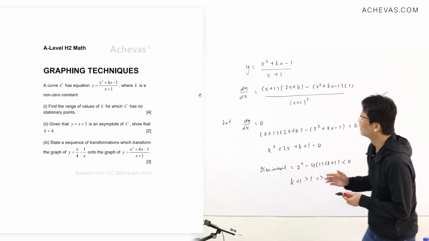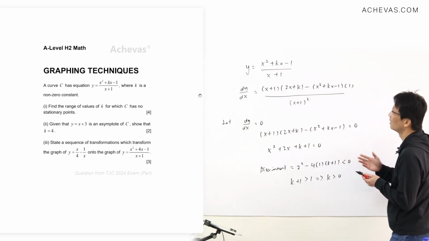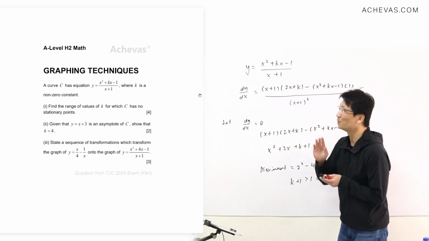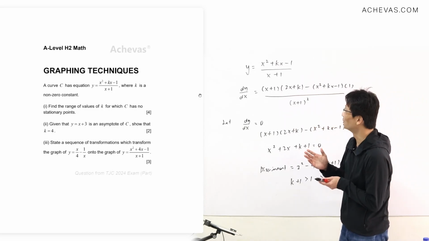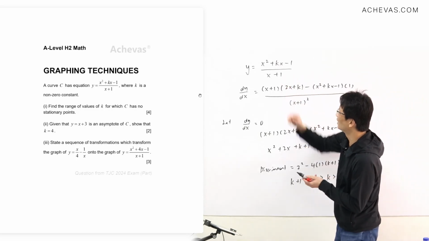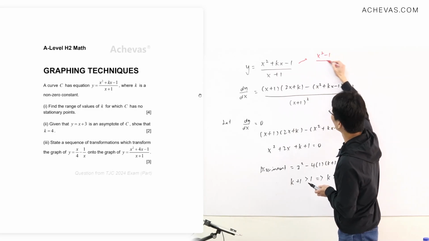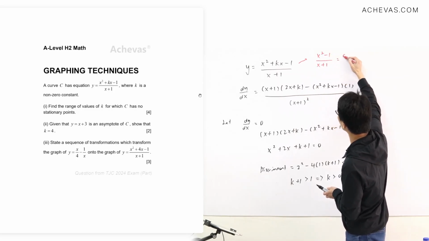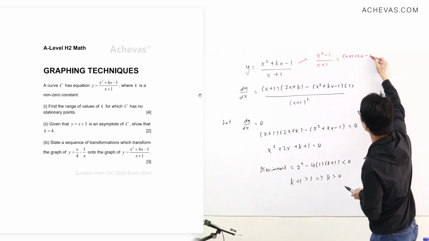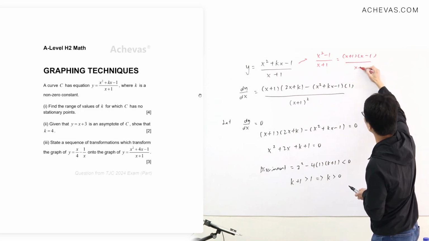By right, for this question, the value k equals 0 is also a solution. Imagine if you sub in a value of k equals 0 here, you'll get x squared minus 1 over x plus 1, which gives me x plus 1, x minus 1 over x plus 1.